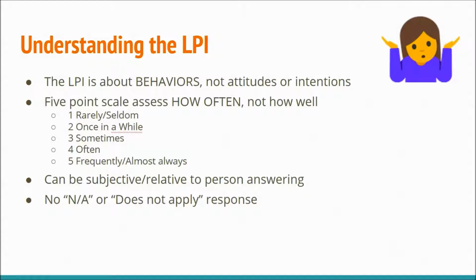Notice that there is no NA or does not apply response. That's because in a measure of frequency, NA is not really relevant. That being said, you should make sure to choose observers who have actually seen you in action. You don't want to ask people who have never had the chance to observe you exhibiting some of these behaviors.